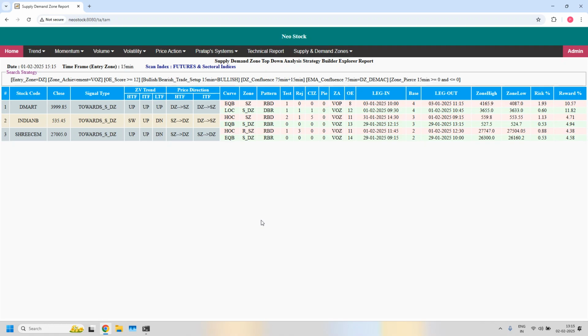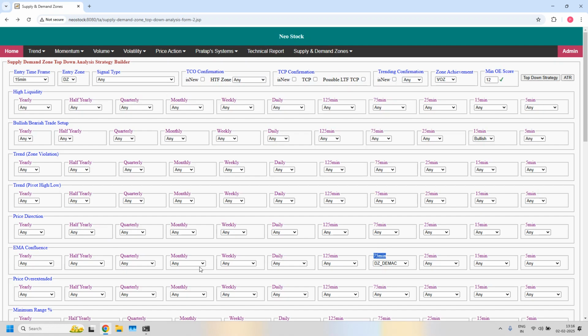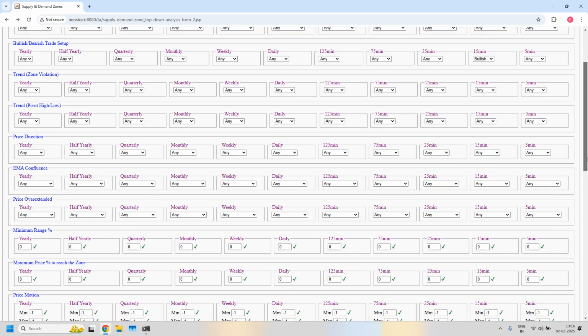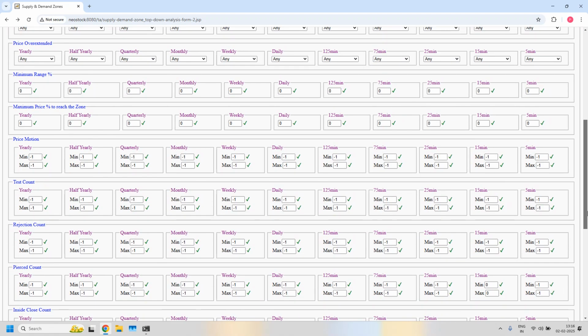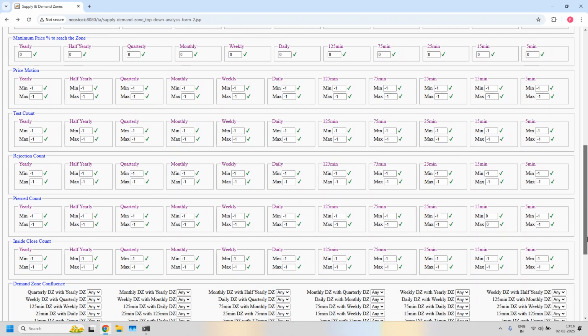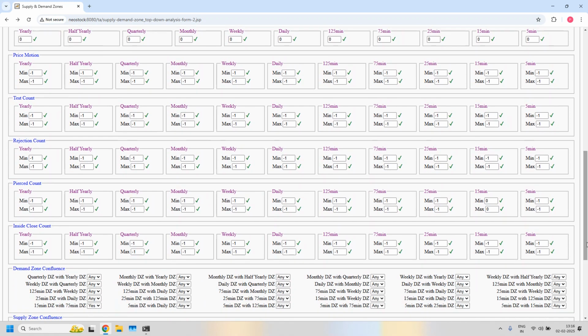Okay, next let us look for LTF, ITF and HTF demand zone confluence. So I am removing the EMA filter. And in the demand zone confluence, we should set 3 filters: LTF, ITF, HTF. The first one, the LTF, ITF filter, is already enabled.